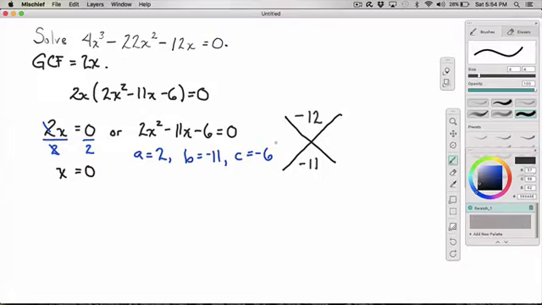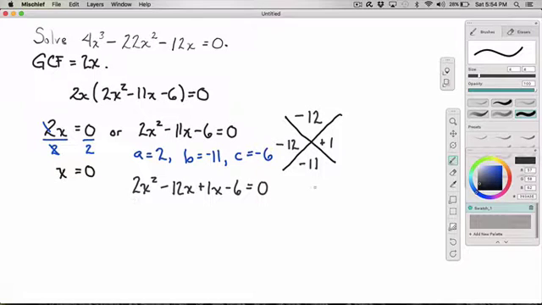I'm coming up with negative 12 times a positive 1. I think that works. Okay, now let's factor. We're going to rewrite the equation. That's going to give me 2x squared minus 12x plus 1x minus 6 equals 0.